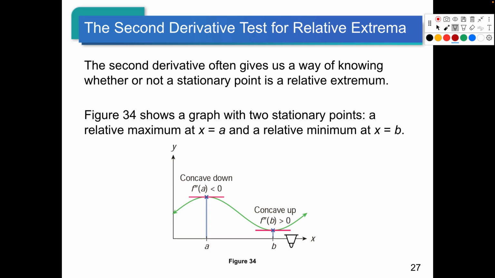If we can take a look at the graph, we can pretty much tell. But if we can't see the graph, then what we're going to want to do is take a second derivative and see whether we're concave down or concave up. Okay, so second derivative here is negative. We're concave down. We know we're going like this. We know we've got to be at the top of the mountain, so we've got a max, right?